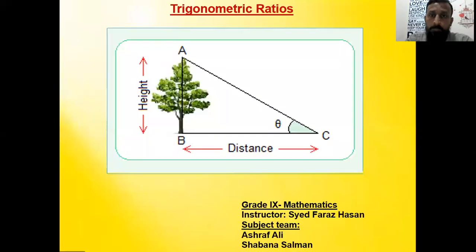My dear students, we have been discussing this topic called trigonometry. In trigonometry, we have discussed trigonometrical ratios. What are trigonometrical ratios, boys and girls? The trigonometrical ratios are sine, cosine, and tangent.